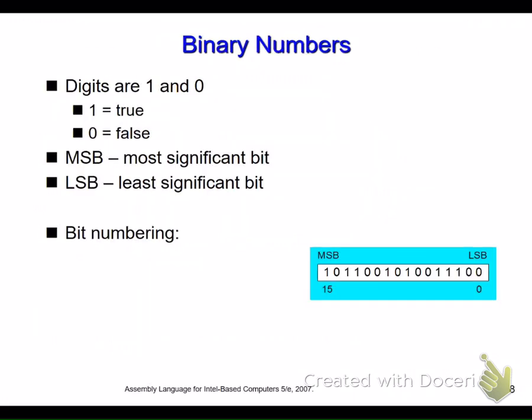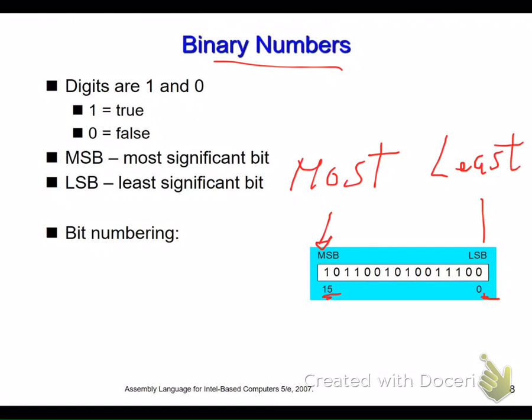Okay, binary numbers. Of course, from the 270 course, you know that we have either 0 or 1. If I have a number from bit 0 to bit 15, I will call this the most significant bit, and this will be the least significant bit.